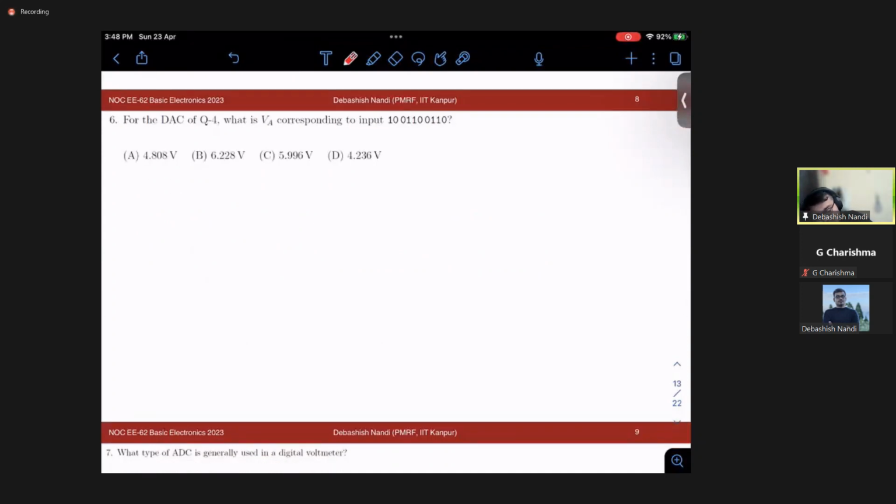For the DAC of question 4, what is VA corresponding to this input? Okay. Let me first identify what are the ones here. Ninth bit, then 8, 7, 6th bit, then 5th bit, then this is 2, this is 1. Okay.